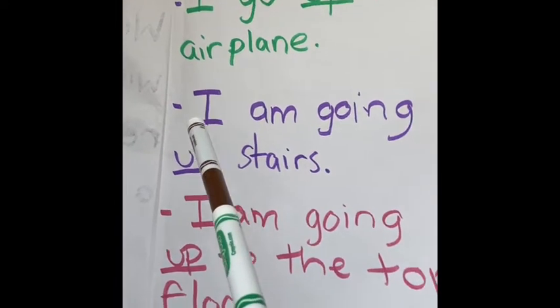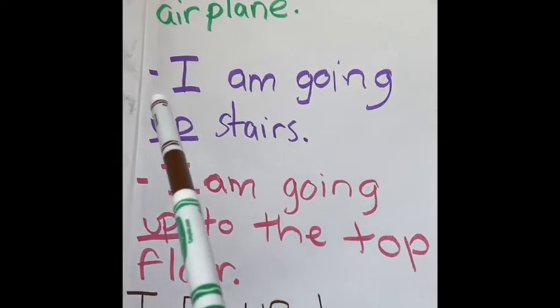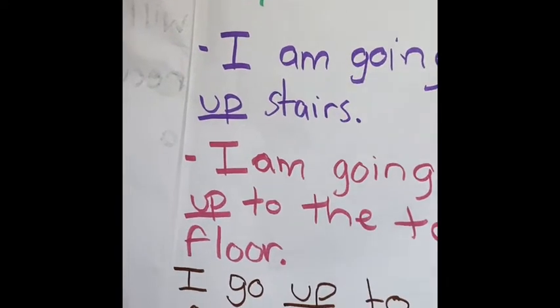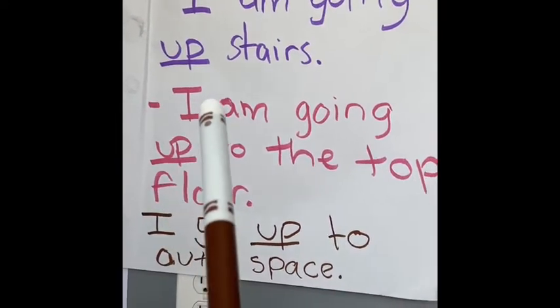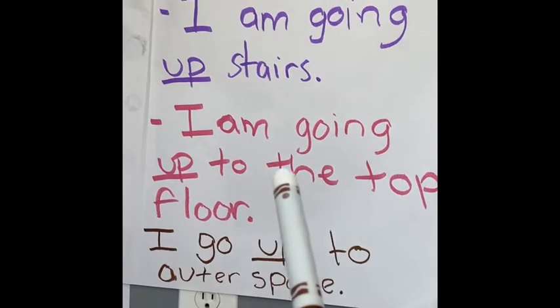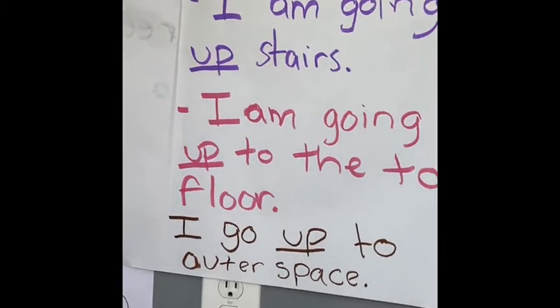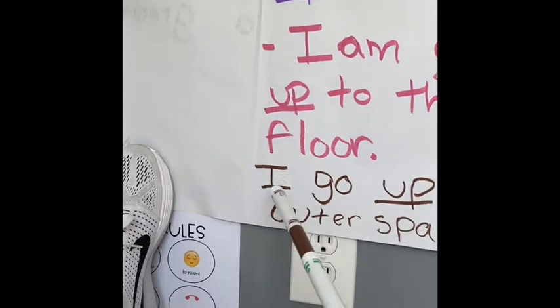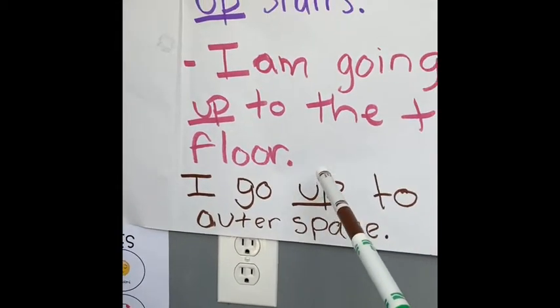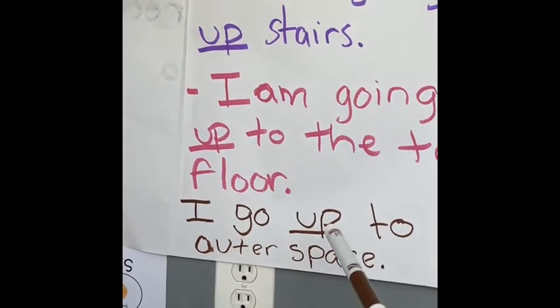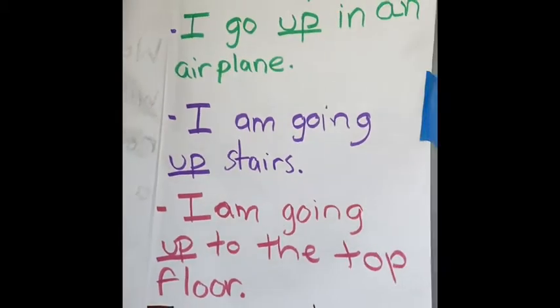The second one was, "I am going upstairs." Then we have, "I am going up to the top floor." Then last but not least, it says, "I go up to outer space." Very good.